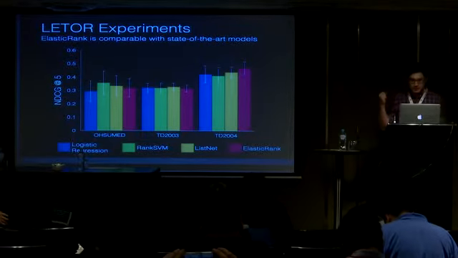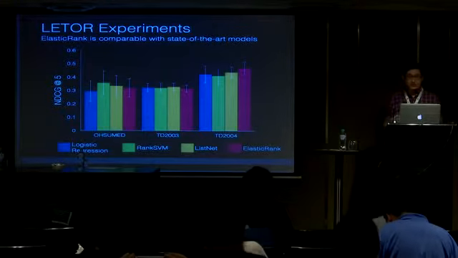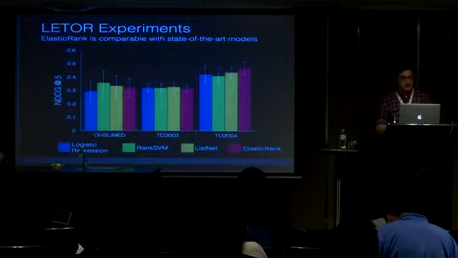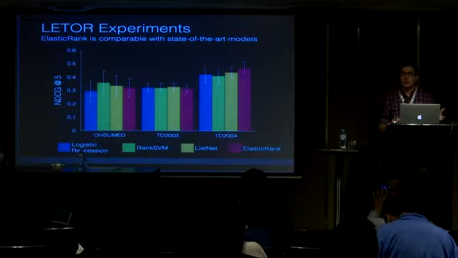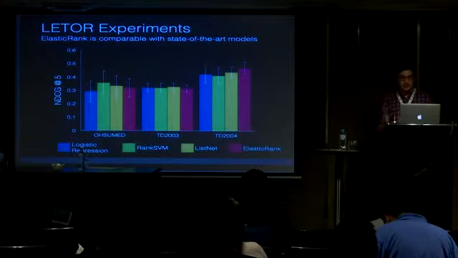So we took the public datasets from the LETOR benchmark. This is a classical document retrieval dataset, and then we compared one pointwise approach, logistic regression, one pairwise, SVM-rank in green here, one listwise method, and then ElasticRank.